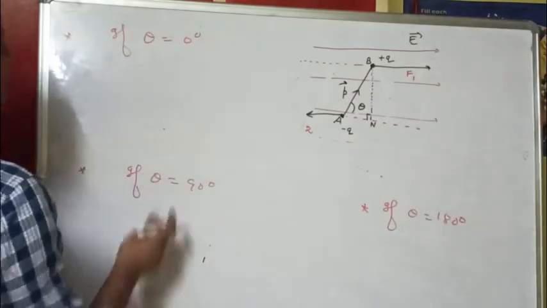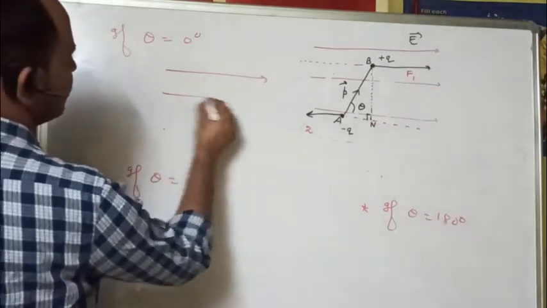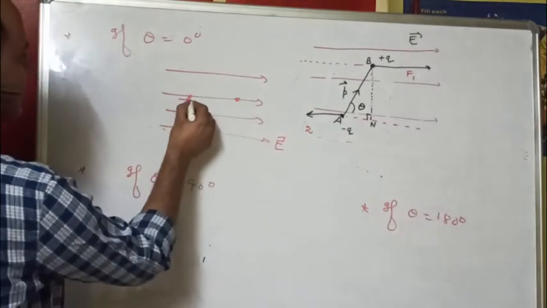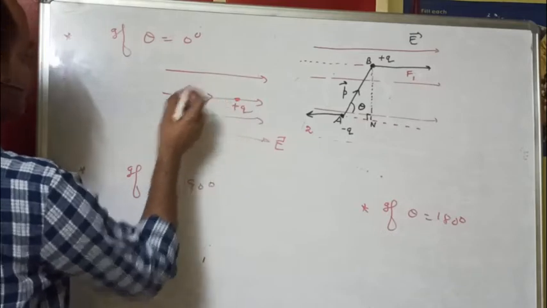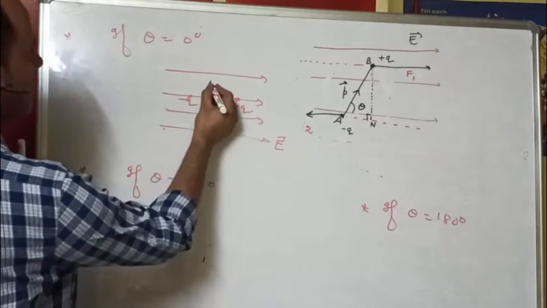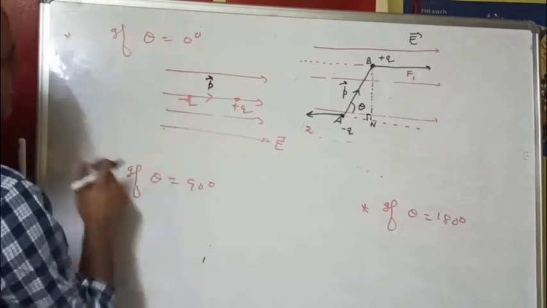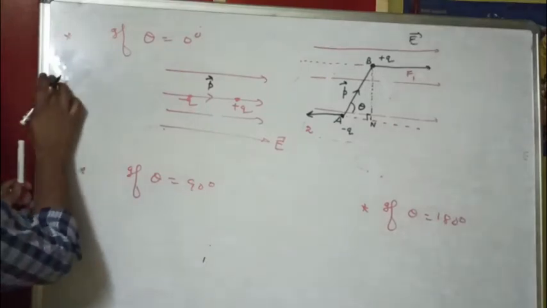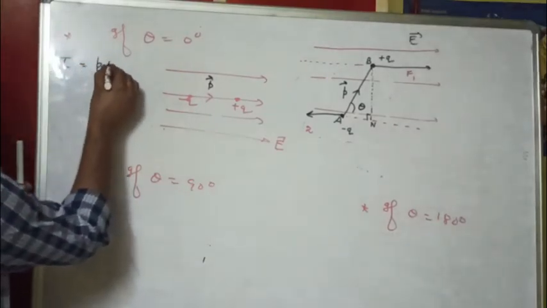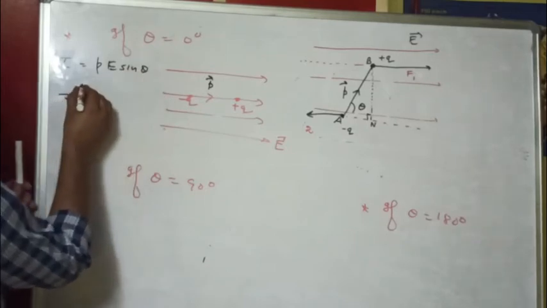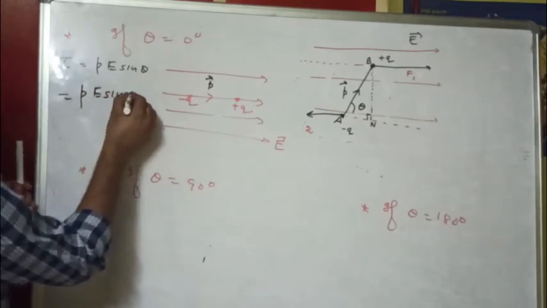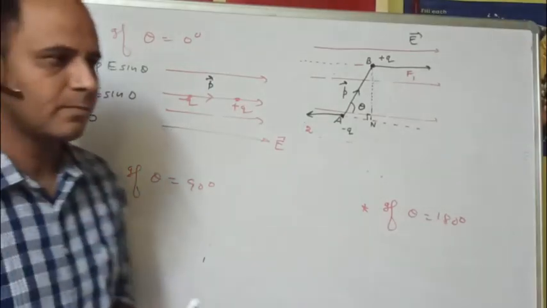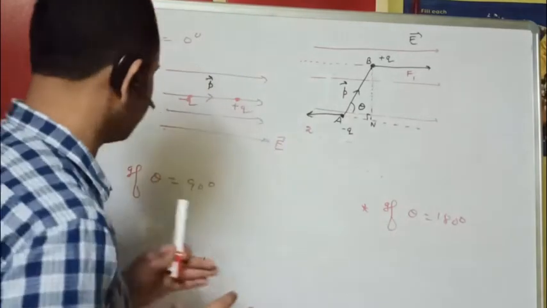When theta is 0 degrees, this is the direction of the electric field, this will be minus q, this will be plus q, and this will be the direction of the dipole moment. Theta is 0 degrees means the angle between this and this is 0 degrees. In that case, what is the torque? Torque will be PE sine theta, PE sine 0, and sine 0 will be 0, so torque will be 0. It means no turning effect will be produced in this situation.